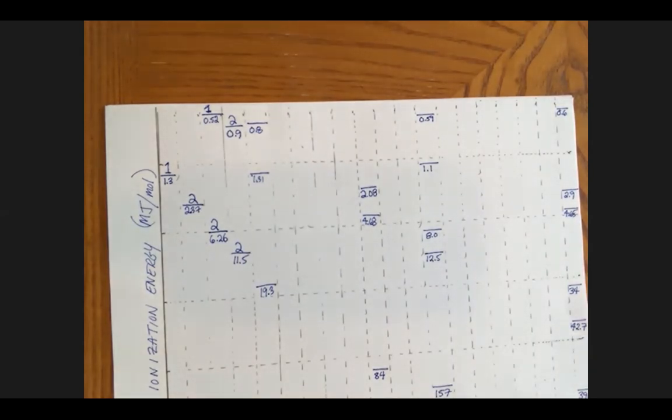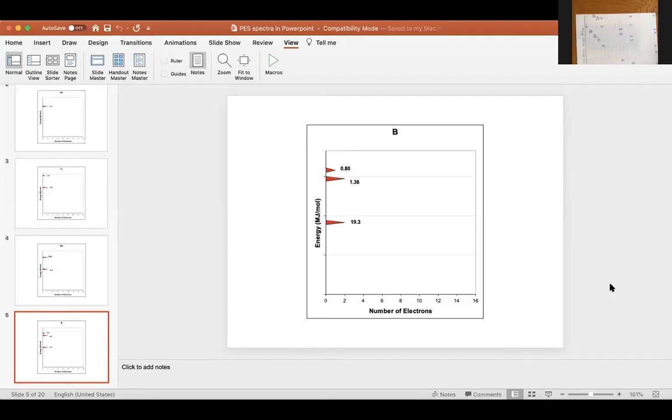Okay. So now we just need to find the number of electrons, right? Yep, correct. So if we're looking at the peak on the top, the 0.80, that looks to be 1 electron. So we can write 1 down.